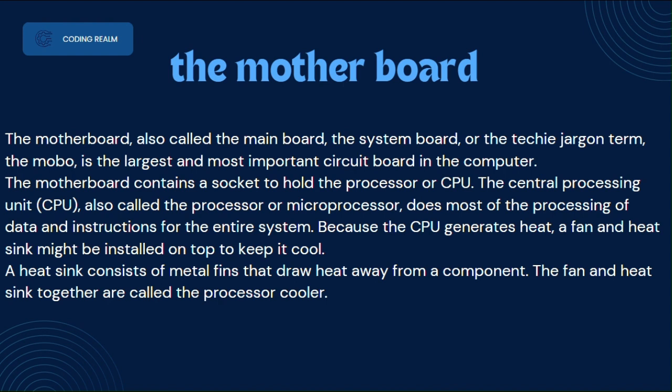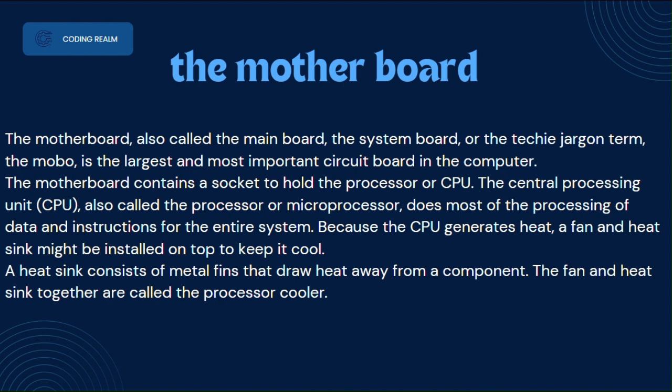The Central Processing Unit, or the CPU, also called the processor or the microprocessor, does most of the processing of the data and instructions for the entire system. Because the CPU generates heat, a fan and heat sink might be installed on top to keep it cool.